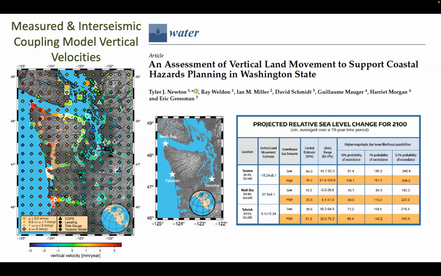The circles are all the observations they've compiled of vertical land level changes from tide gauges, GNSS, et cetera, and some tectonic coupling models, and climate models of sea level change, to put together the best assessment possible to date about what sea level rise is likely to be along the coastlines in the near future. This has been a collaborative effort with both local to federal institutions and groups.